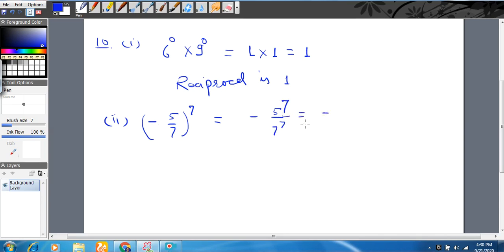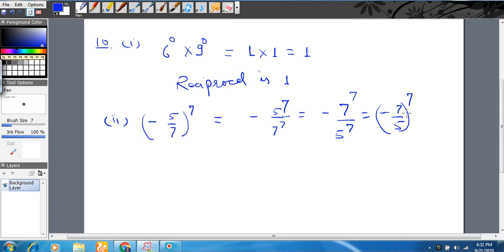Finally, what is the reciprocal? Don't disturb the minus sign, just write 7 upon 5 whole power 7, and it is minus 7 upon 5 whole power 7. This is the answer of the second part of the 10th question, minus 7 upon 5 whole power 7. Okay, very easy question, and you will solve the third part.